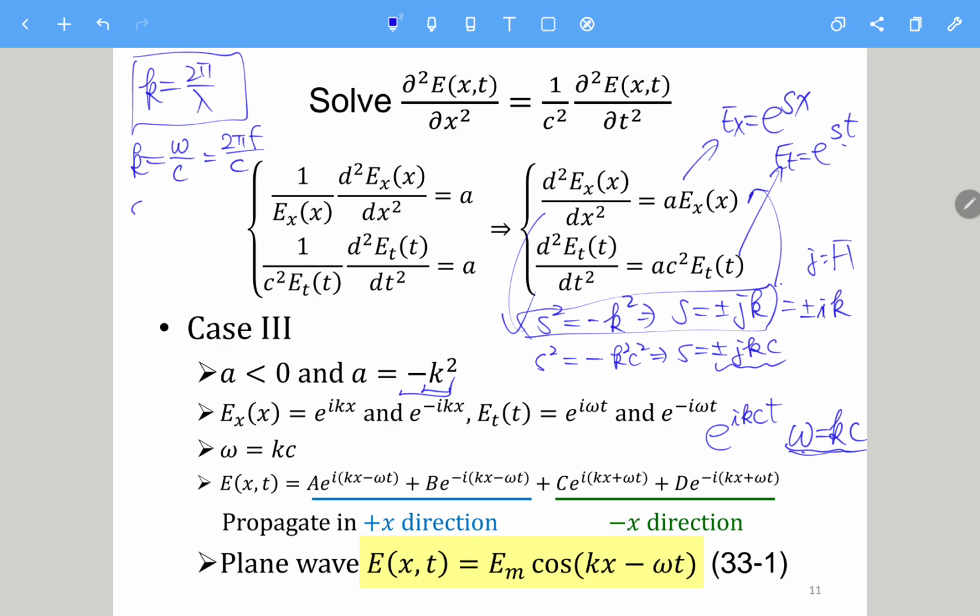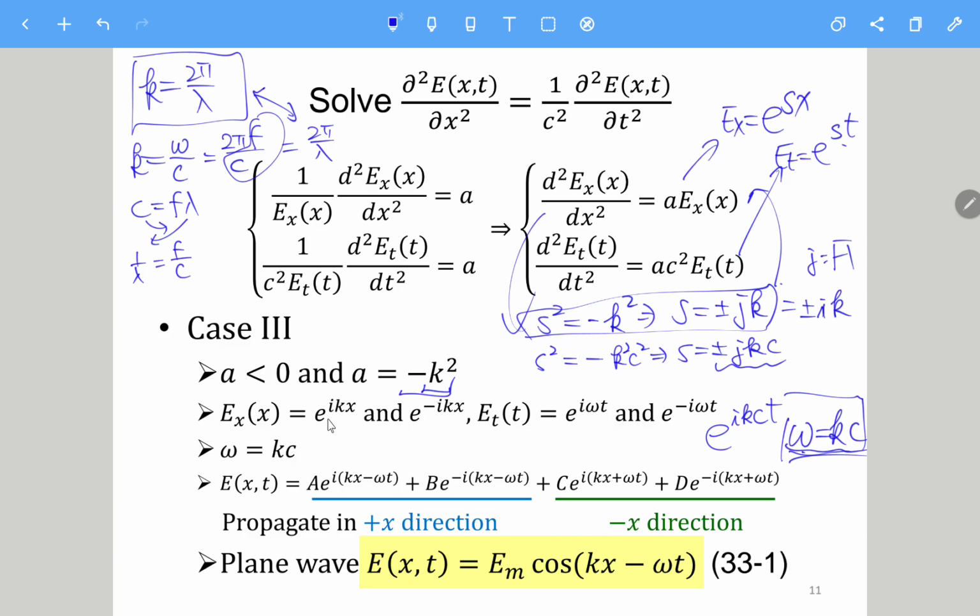And then if you still remember, c equals f lambda, which means that if I move c to the right side and lambda to the left side, we have 1 over lambda to be f over c. So here we have f over c, which means that it should be 2 pi over lambda, which means they are the same thing. Okay, so here we have omega equals kc, which is compatible with k equals 2 pi over lambda.